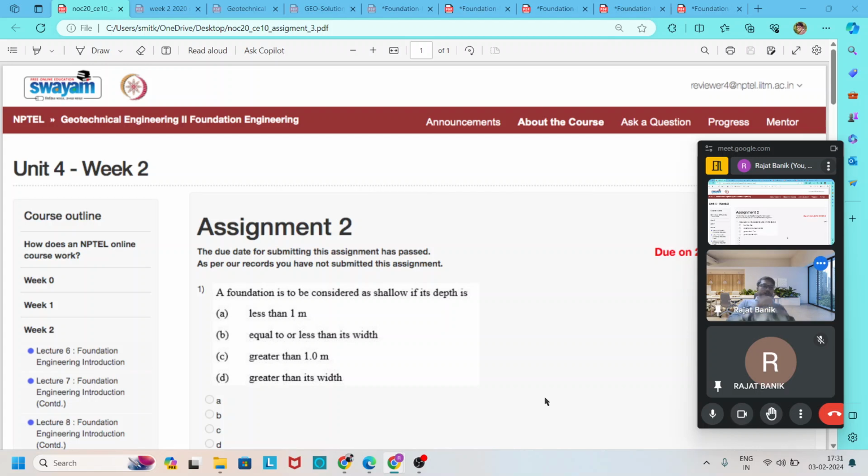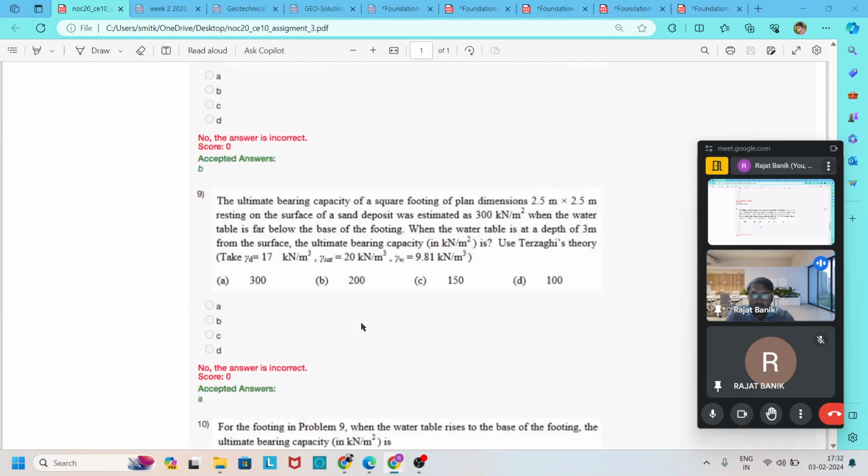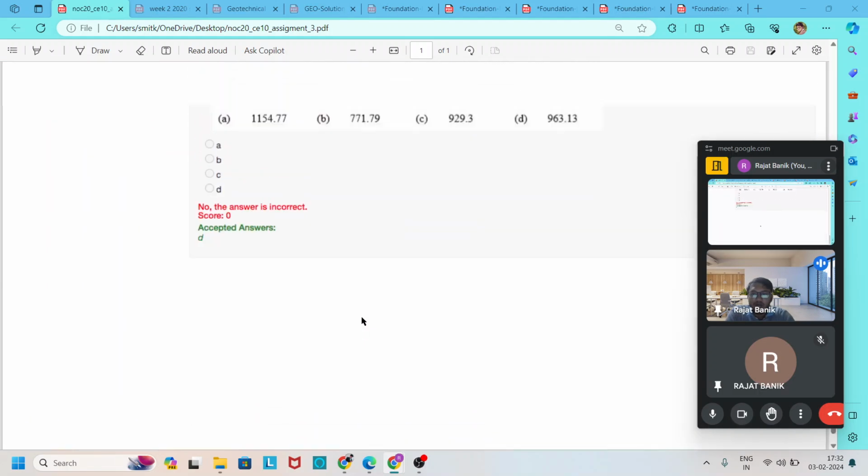So again, good evening. Now we solve the previous year assignment problems one by one. First we start with the assignment problem of 2020. In 2020, there were about 11 problems given as assignments.